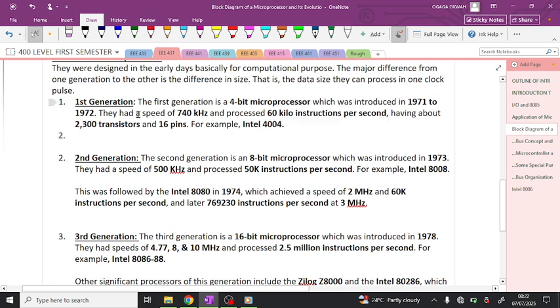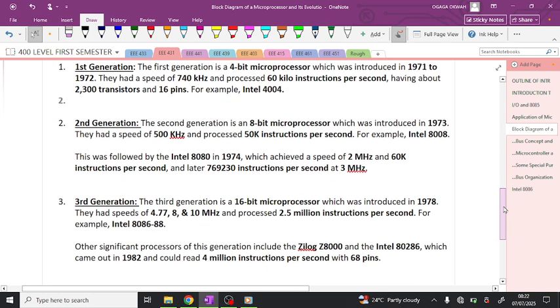First generation, 4 bits, introduced in 1971 to 1972, and they had 740 kilohertz. That's the speed, 740,000 cycles in 1 second. This is fast, however, as we proceed, we get more speed than that.